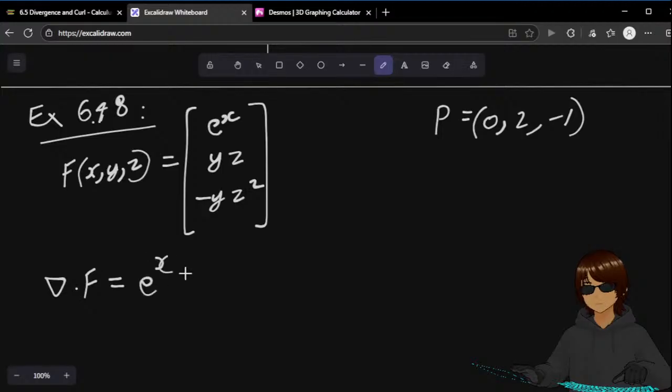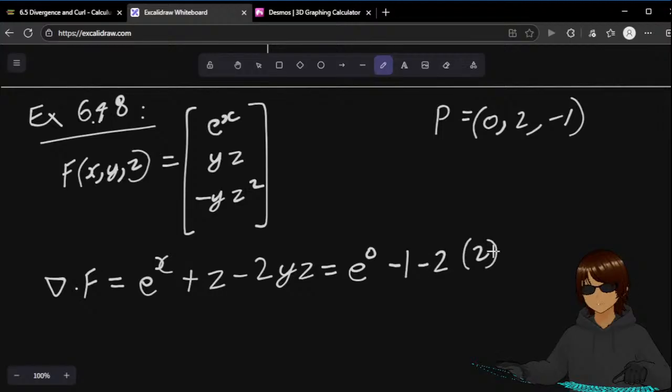So e to the power of x plus the derivative of this with respect to y, plus the derivative of this with respect to z, and then I have to substitute in the values x, y, z: 0, 2, negative 1. E to the power of 0 is 1, plus 4, which is 5.